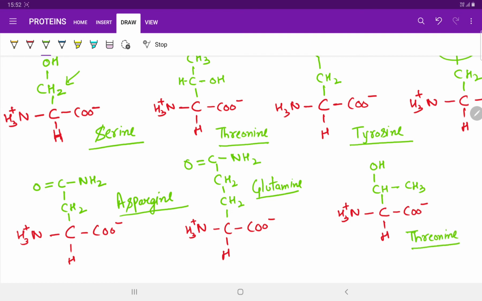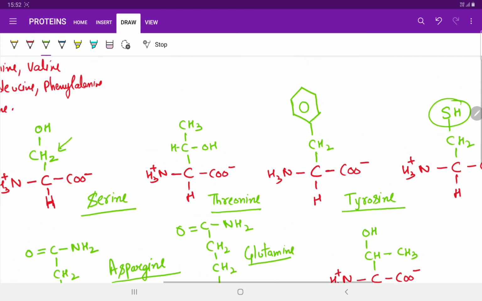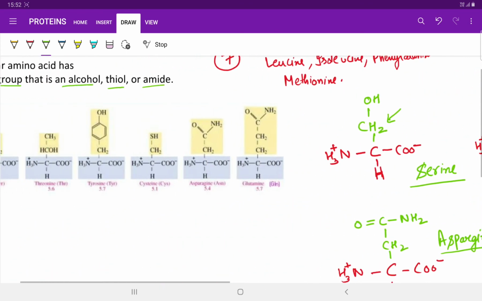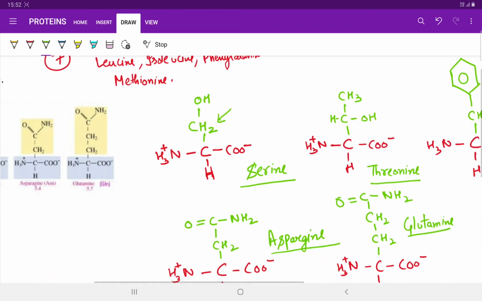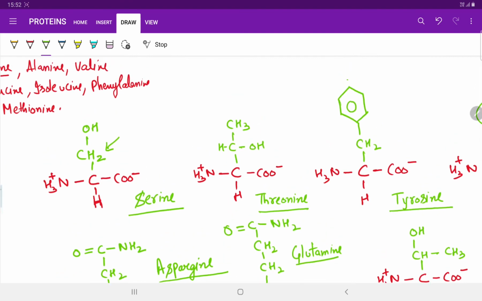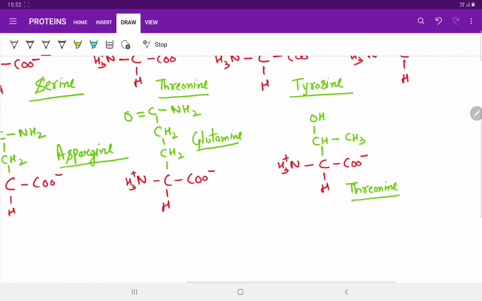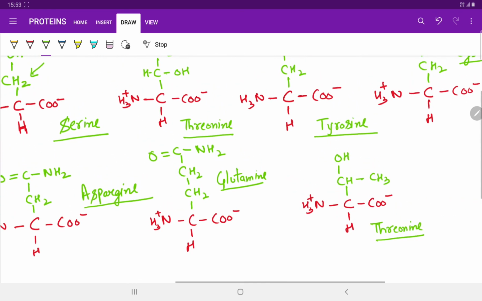Now in the case of tyrosine, a phenol is added. Sorry, previously I haven't mentioned an OH group here, so please correct this. In the case of tyrosine, a phenol group will be added to the structure of alanine, and it will be tyrosine.